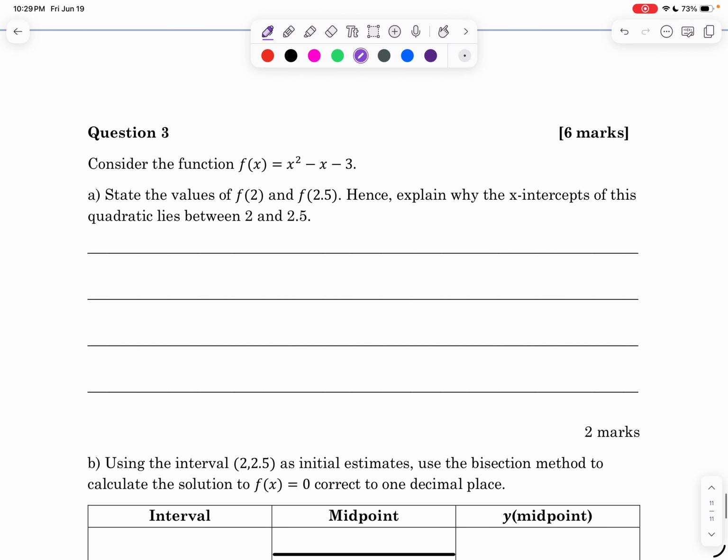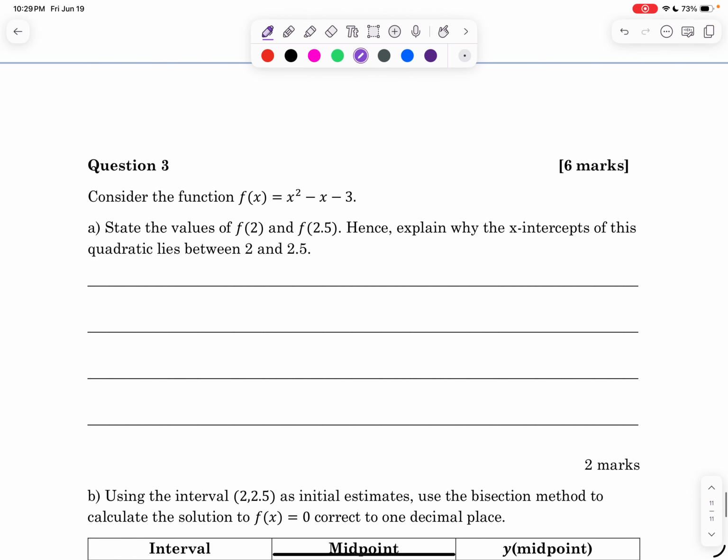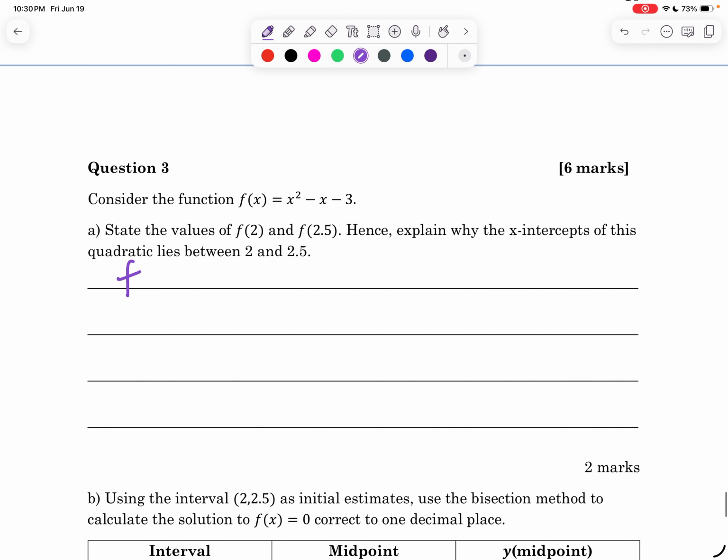Okay, our last question. Consider that function, state the values of f of 2 and f of 2.5, hence explain why the x-intercept. So f of 2 is 4 minus 2 minus 3. 4 minus 2 is 2, minus 3 is -1.